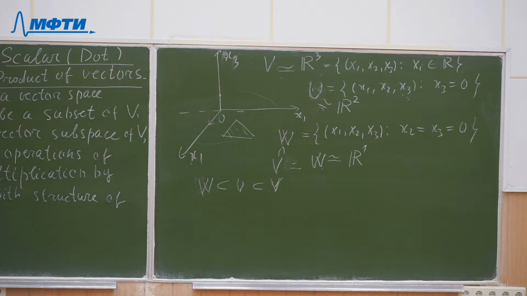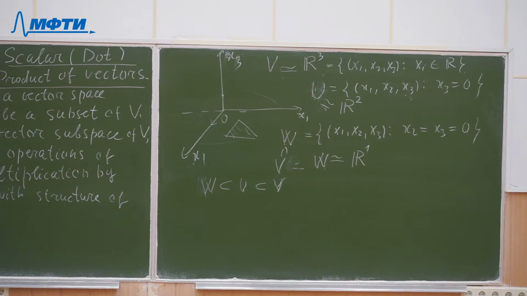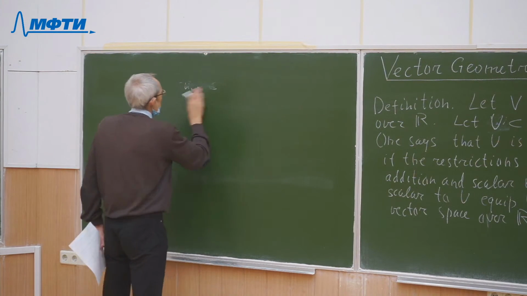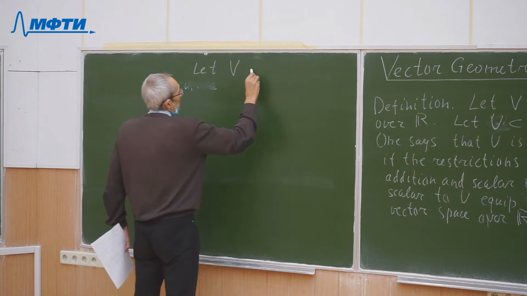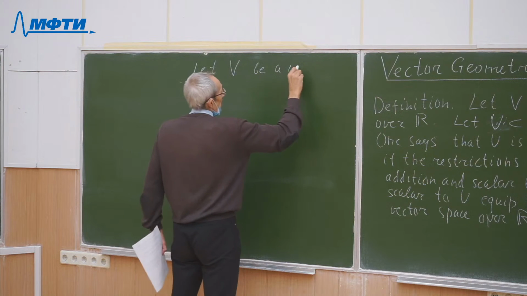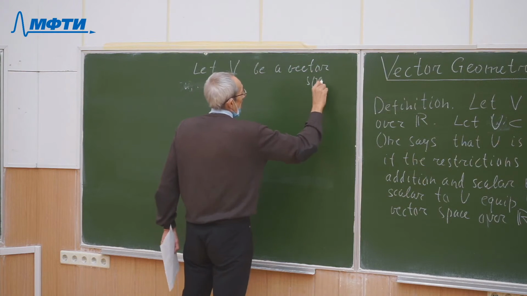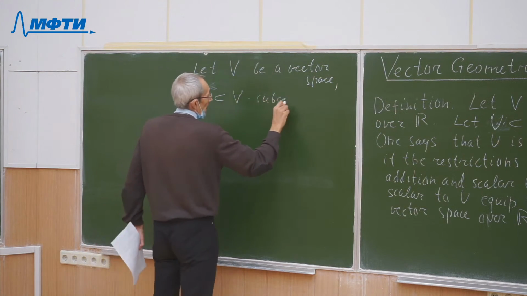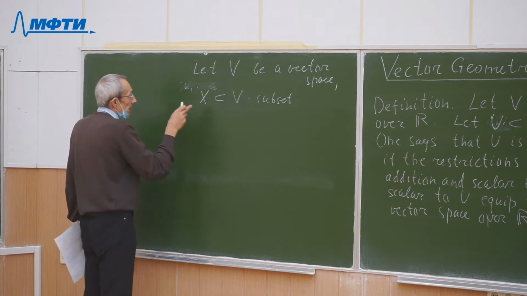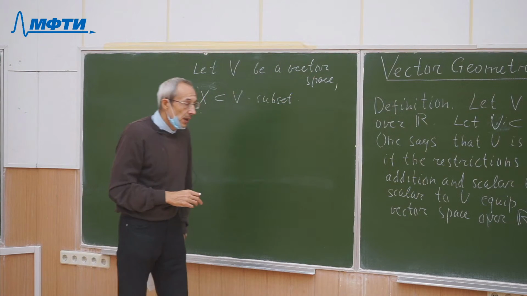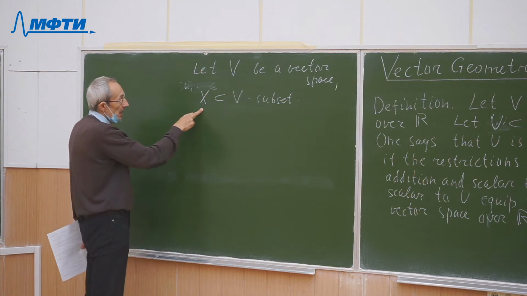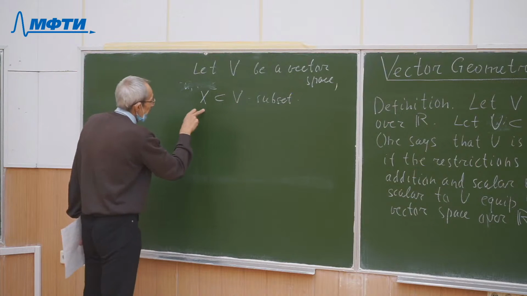What does it mean that the operation is defined? Let V be a vector space and X some subset of V. We want to check that the operation of addition is defined on this subset. What does it mean that the operation is defined on a subset?